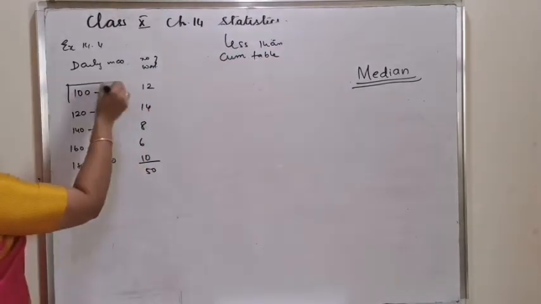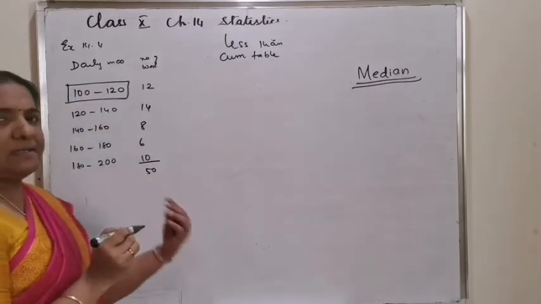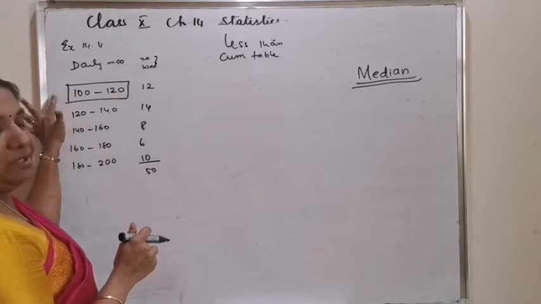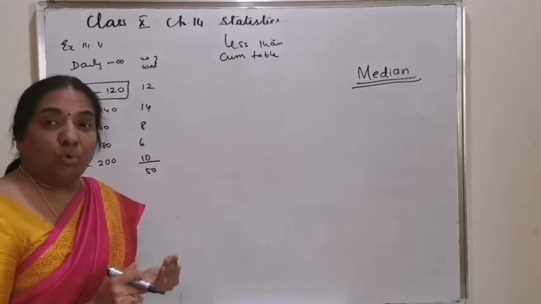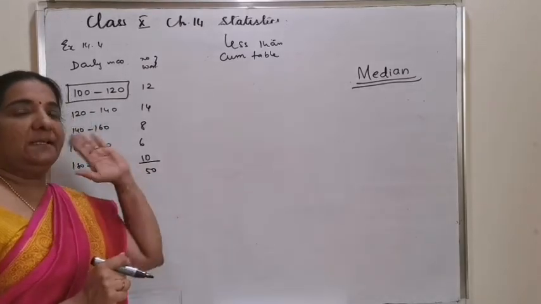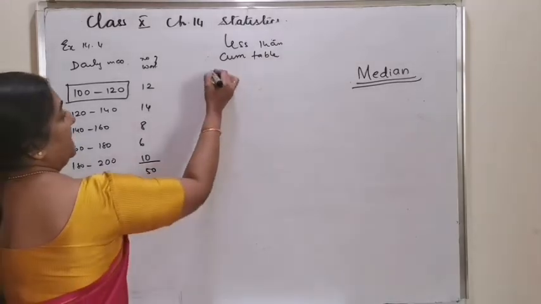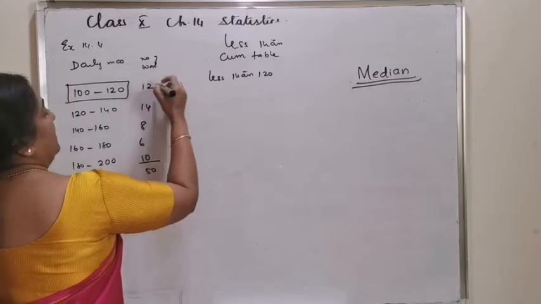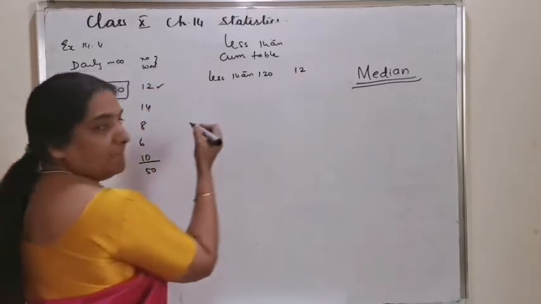As I told you, highlight the first class. Ask yourself, less than 100 or less than 120, which is more sensible? It is less than 120. Less than 120, there are 12 people.